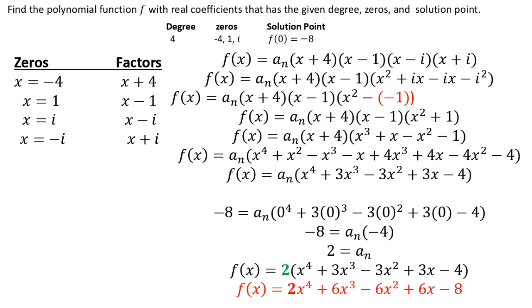using my linear factorization theorem and the solution point to get the polynomial requested. Now, as Ms. Chuka said, this section is very important: finding zeros.